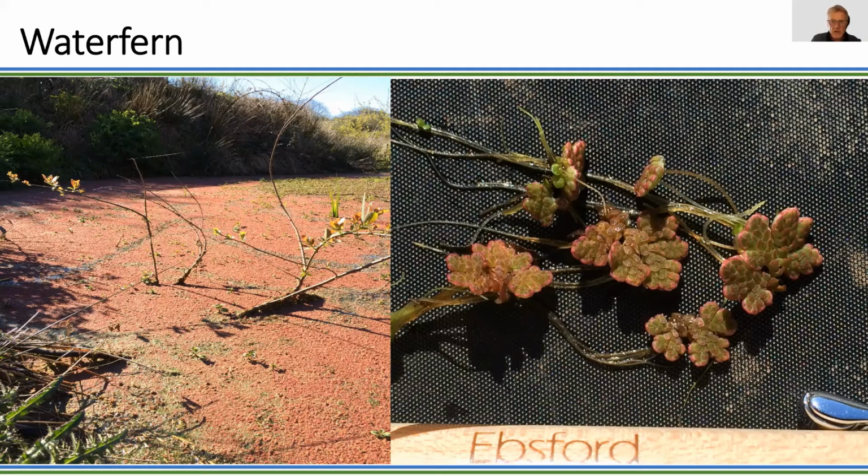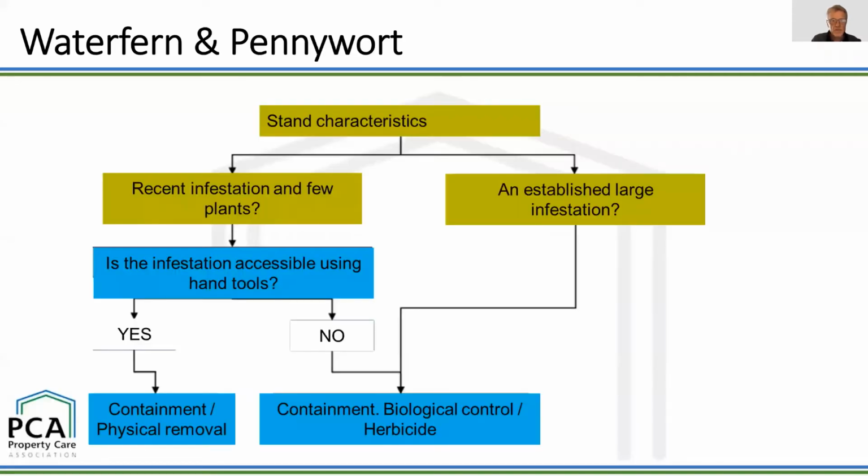Now, managing this weed can be quite problematic. Essentially, when you go to manage something like water fern or pennywort, you need to think about a decision tree. What are the site characteristics, that is, what are the characteristics of the water body? Is it a recent infestation or is it an established large infestation? If it's a recent infestation, can you access it?